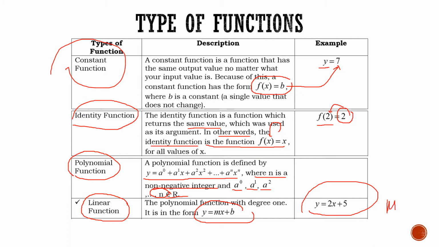If your m is a positive value, then your slope rises, your line rises from left to right. If your m is a negative value, then your line falls from left to right. So that will be the orientation. By simply looking at the given linear function or an equation of a line, and assessing the value of the given slope, if that is positive, there is a given direction.